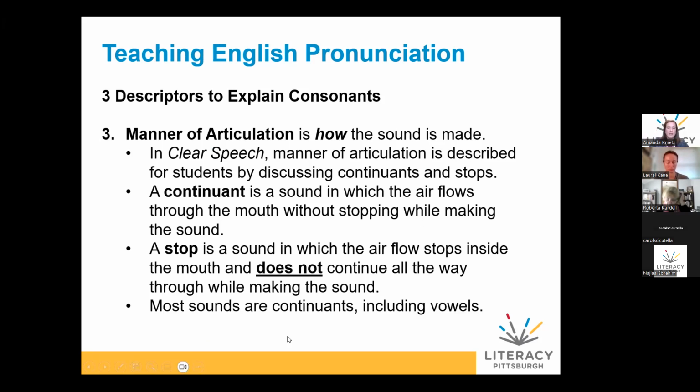So most sounds in English are continuants, including vowels. All vowel sounds are continuants, meaning that the air flows the entire way through the mouth as you're making the sound.